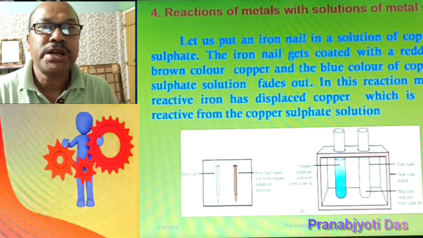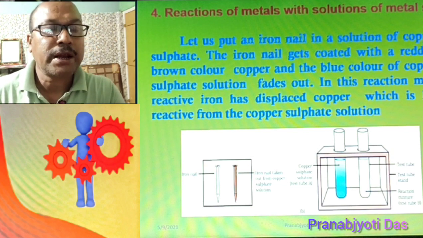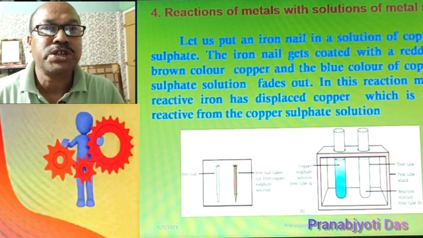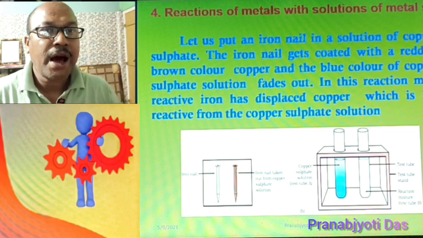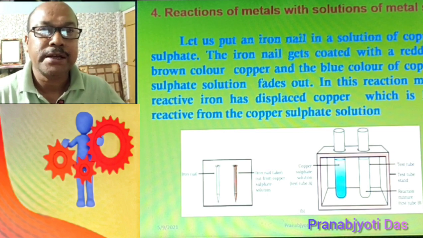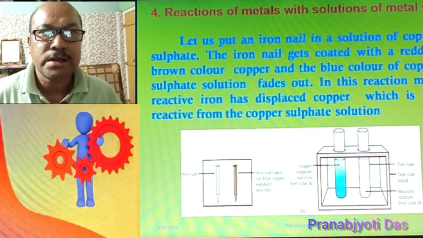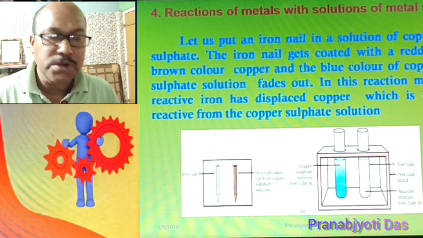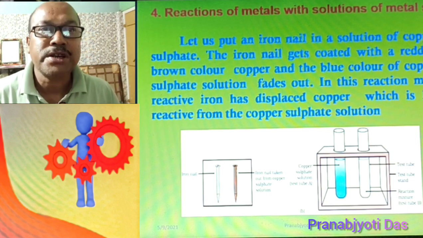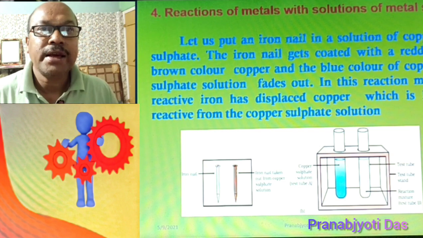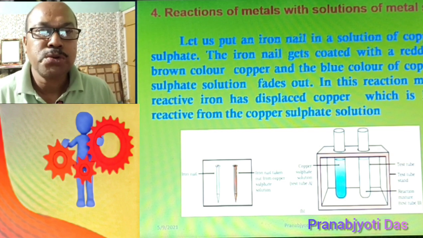Initially in the test tube there was copper sulfate solution, which is blue in color, but now the color is faded. It has become almost colorless. Now the question comes, why did the color of the nail change? And the second thing, why does the color of the solution in the test tube change?